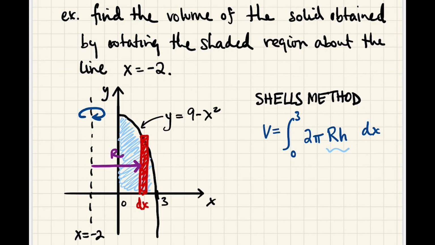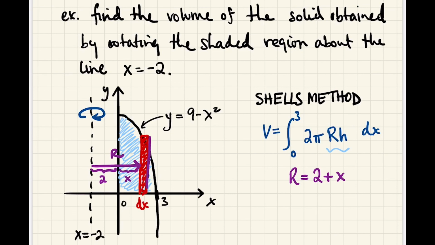So how do we articulate that length? Well, it consists of a fixed component here of 2 units and a variable component here, which we're going to just call x. It's a horizontal distance, so that would be x, which means our r will be 2 plus x.